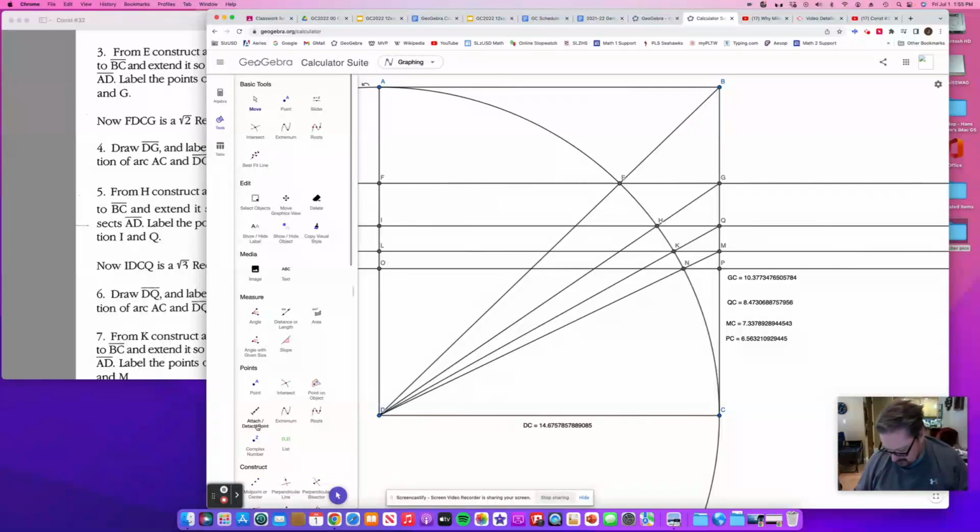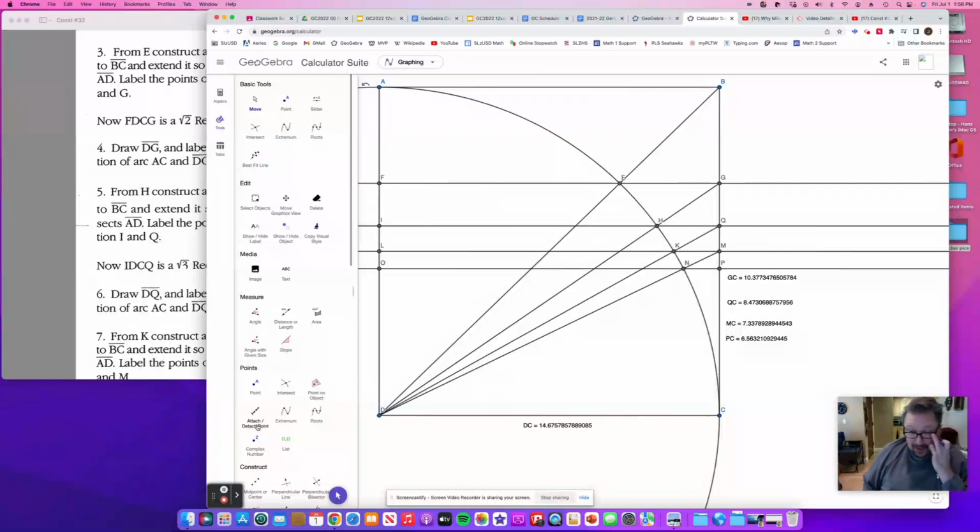And 14.6758 divided by 10.3773 equals 1.414.